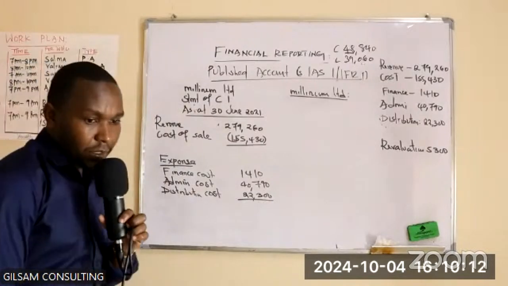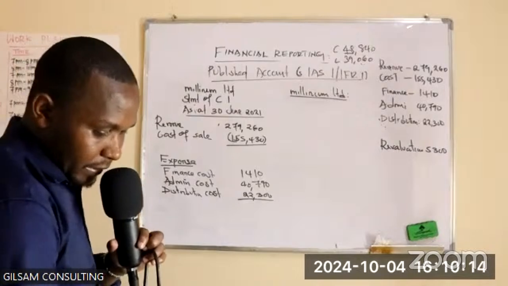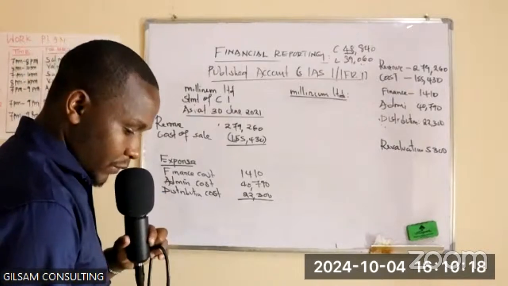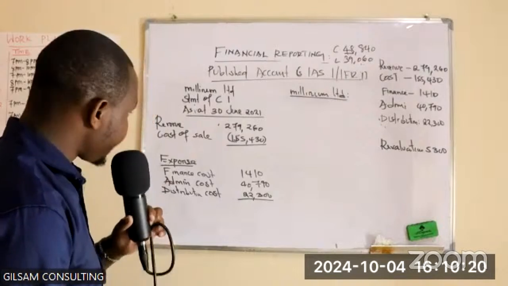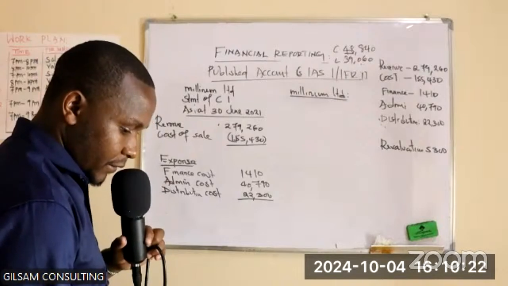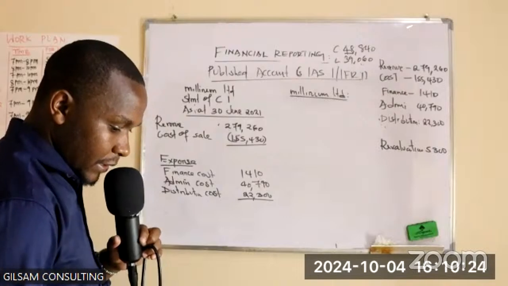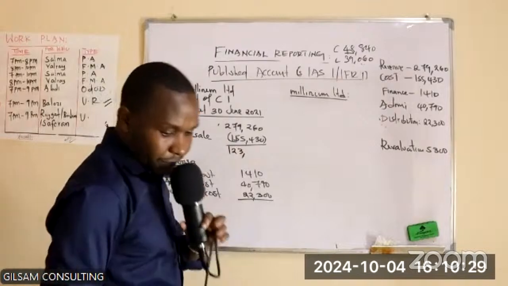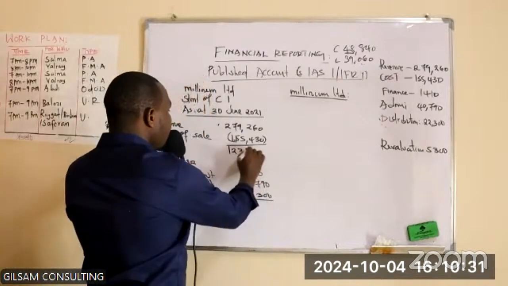So let's get the gross profit, which is 279,260 minus 155,430, getting 123,830.